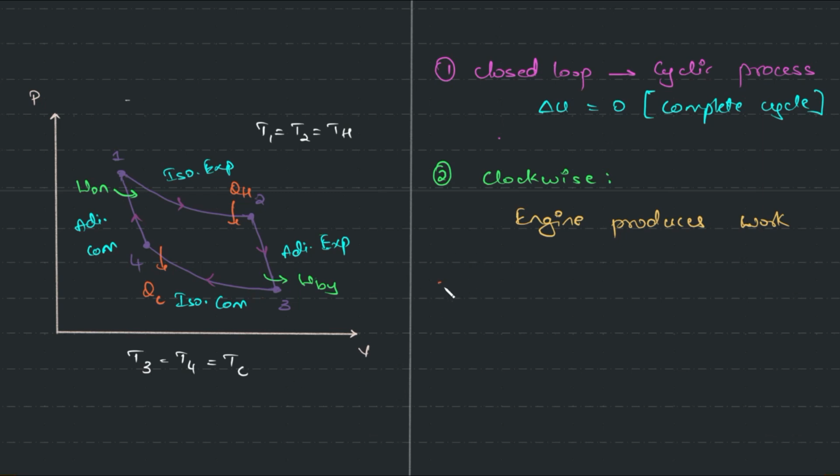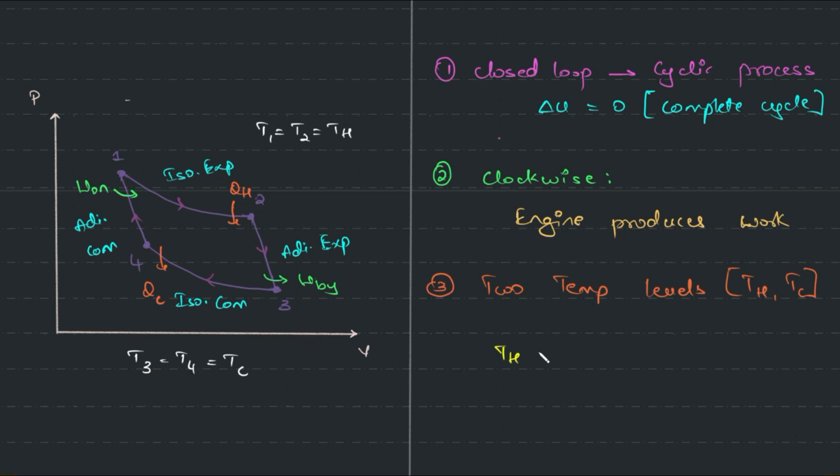Right? And what else? So the entire system is working between two temperature levels. In my diagram, I'm talking about TH and TC. TH is the temperature of the hot reservoir and TC is the temperature of the cold reservoir, right?